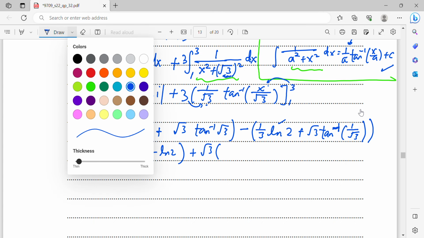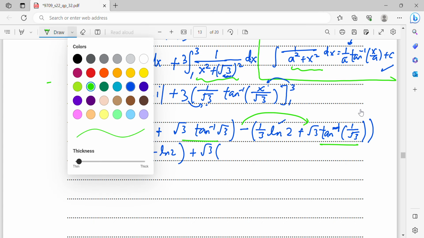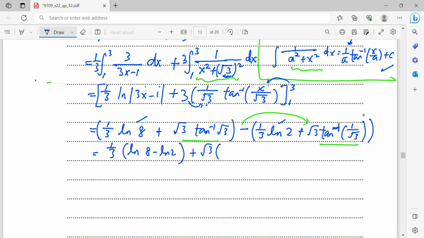I will combine the square root 3 here, second and fourth term, but don't forget there is a minus. So inverse tangent root 3 is basically pi over 3. Then minus, after you have factorized the square root 3, you still have inverse tangent 1 over square root 3. Inverse tangent 1 over square root 3 is pi over 6.